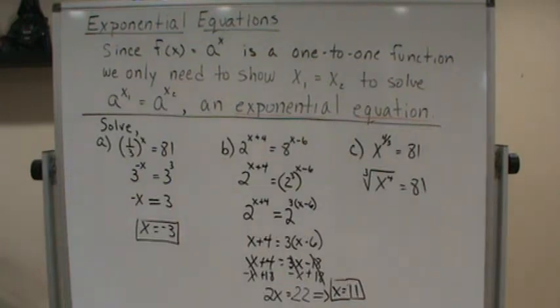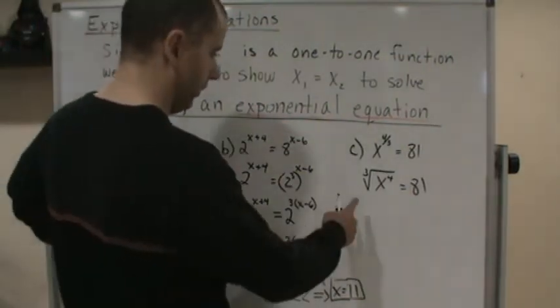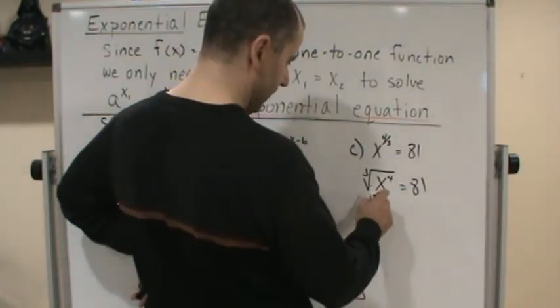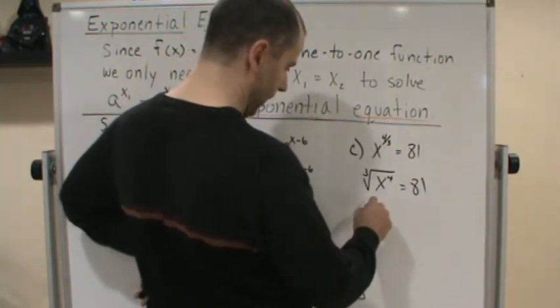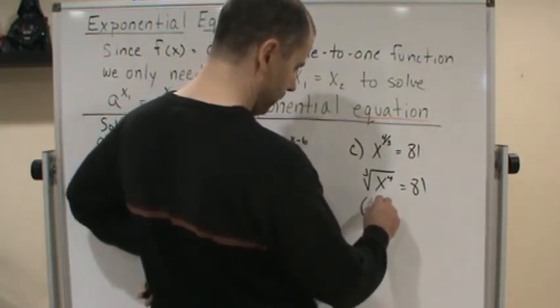Okay? So what we're going to do is we're going to write this this way. We're going to write this, instead of squaring, I'm going to rewrite this because we can do this, right? So again, I'm going to write this this way.